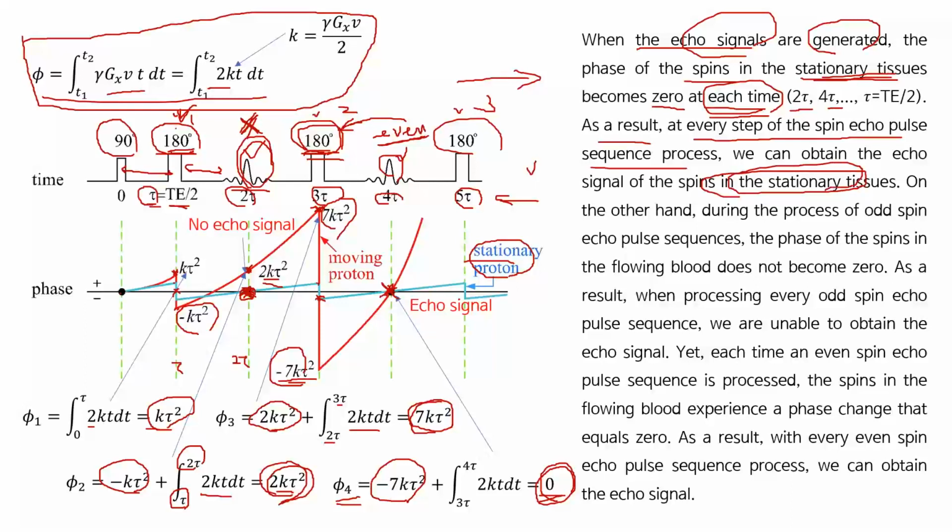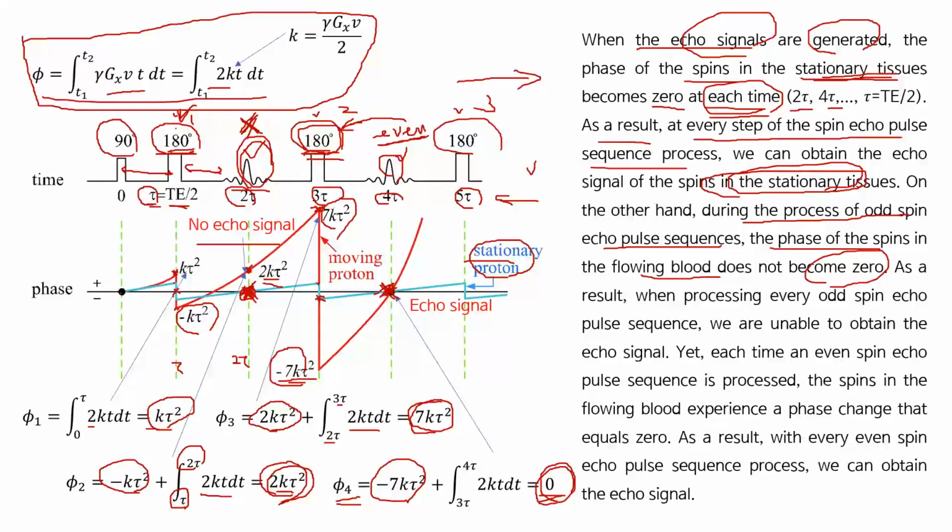On the other hand, during all the spin echo pulse sequences, the phase of the spins in the flowing blood does not become 0, as we already saw. So we don't have odd echo signal, but we can have even echo signal from the spins of flowing blood.